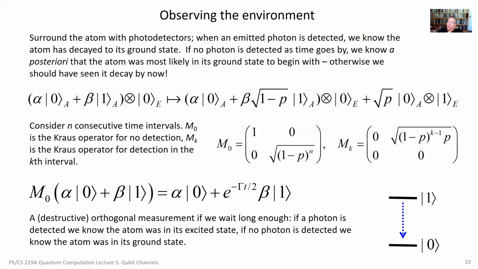Well, we imagine there's some initial state of the environment, and there's some amplitude for that state of the environment to be unchanged. And then there's an amplitude for various transitions that could occur of the environment. Let's say it's initially in the state 0. It could go to the state 1 or 2 or 3, and so on. And for each one of those mutually orthogonal, perfectly distinguishable states of the environment, there will be some Kraus operator.